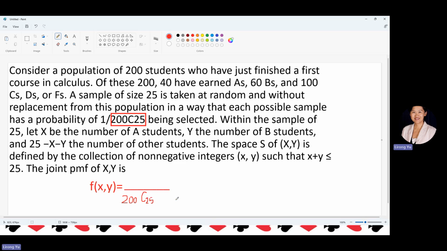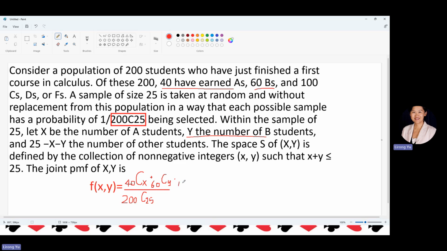In these 200 students, there are 40 A students, and the number of A students is X. So 40 choose X. The number of B students is Y, but there are 60 B students. So this is multiplied by 60 choose Y. And lastly, the number of other students is 100.